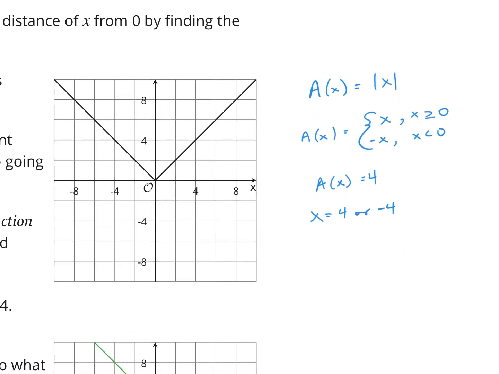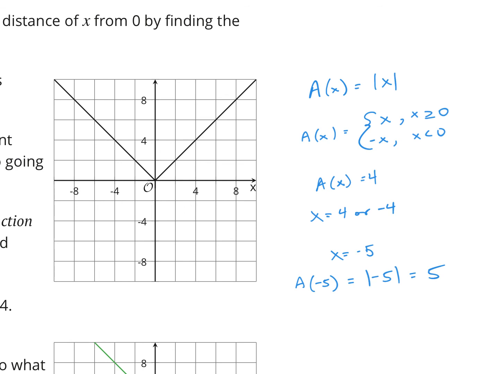If we know, let's say, that x is equal to -5, we can use the equation to help us solve that. So a of -5 is equal to the absolute value of -5, which is equal to 5. So we can plug it into the equation to help us. We could also use the case notation to help us figure that out.